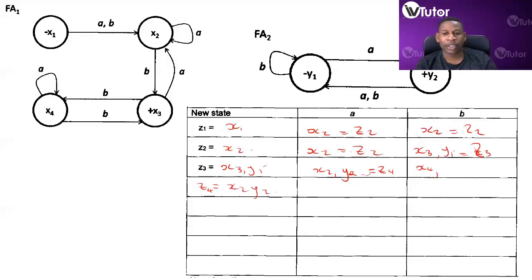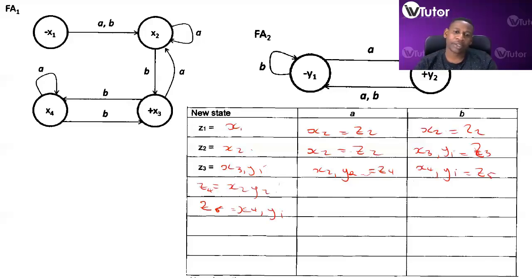Y1 encountering B, you stay in Y1. So X4 Y1 is Z5. Z5 is equal to X4 Y1.